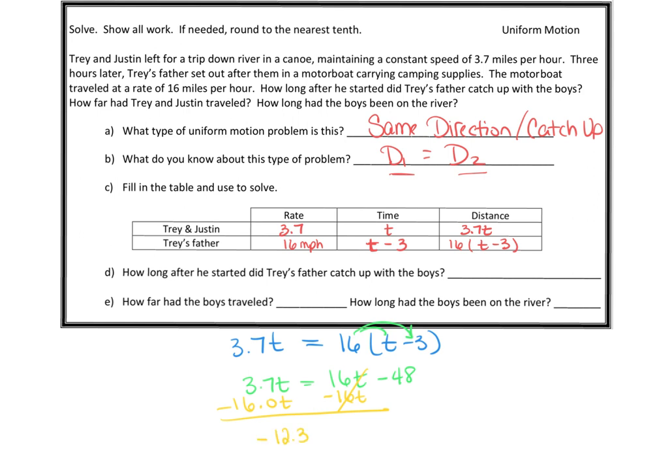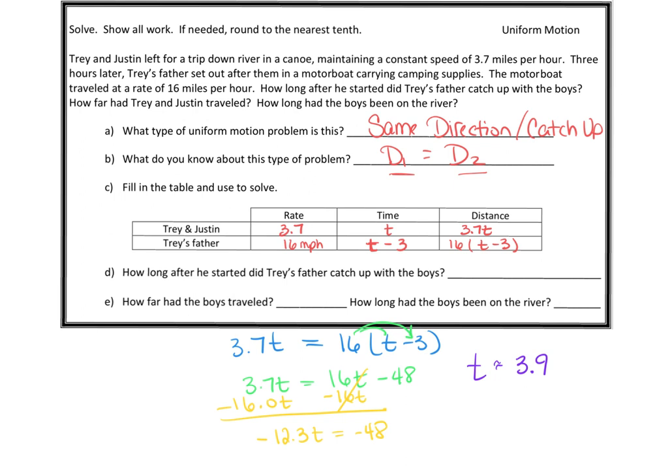That was a negative 16 and a positive 3.7. All right. Then divide both sides by the 12.3. 48 divided by 12.3. You get 3.9. 3.9.